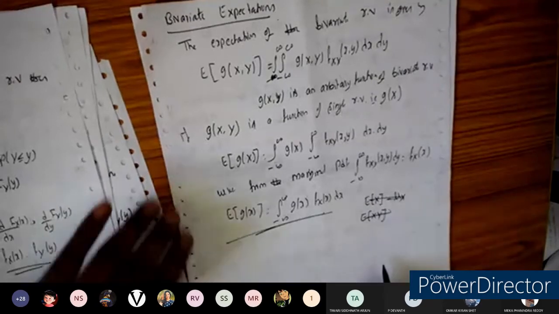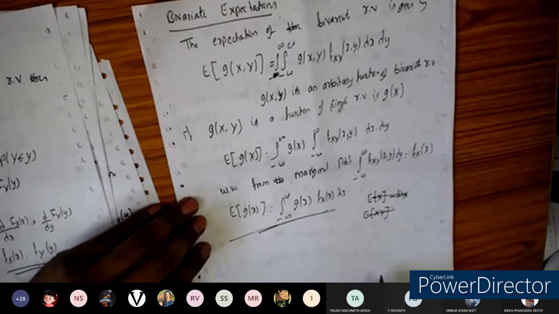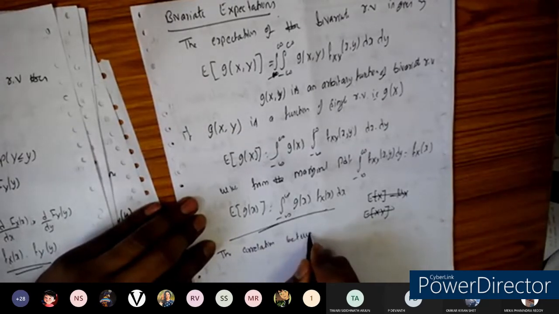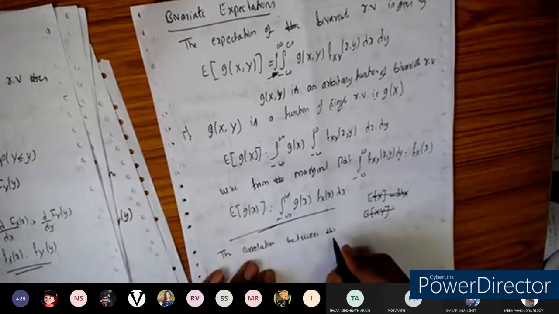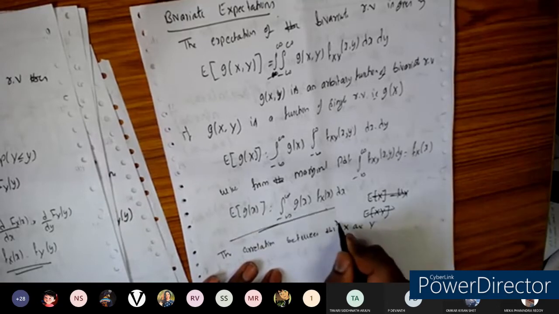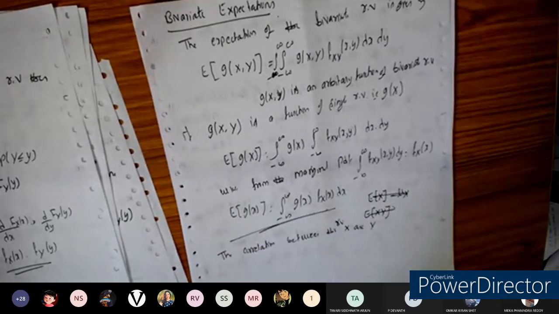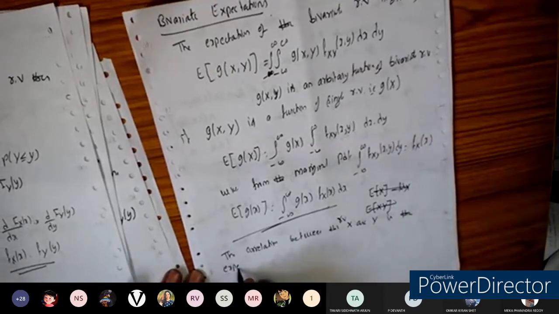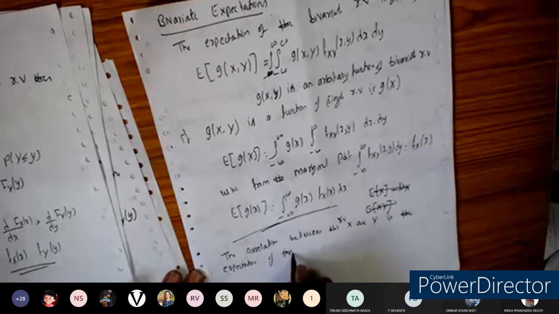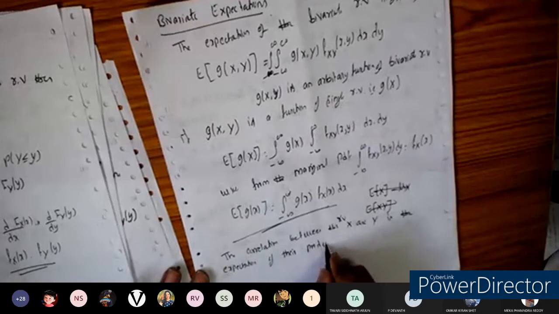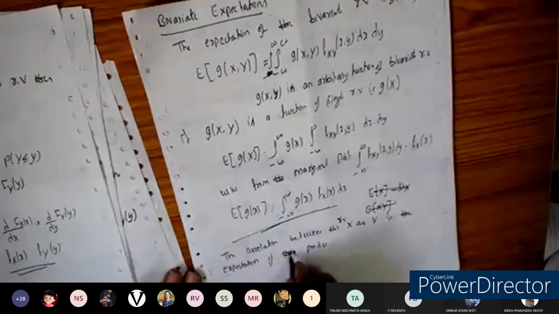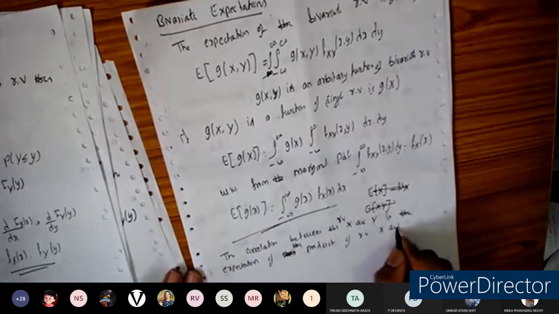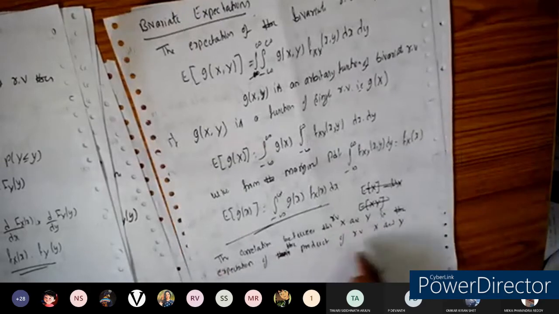Take the next one. The correlation between the random variables x and y is the expectation of the product of the random variables x and y.